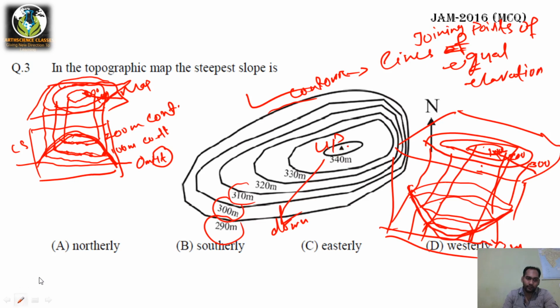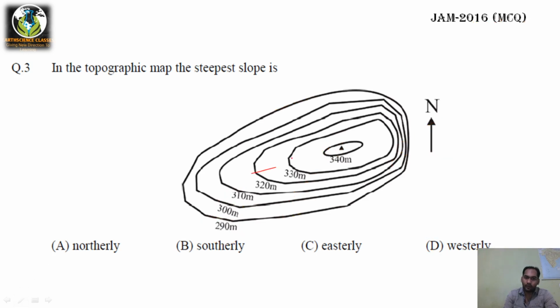Okay. So it is the direction: here it is the upside, or here it is having higher elevation, or here it is having lower elevation. Okay, so from this you know that this is the map of a highland or mountain.